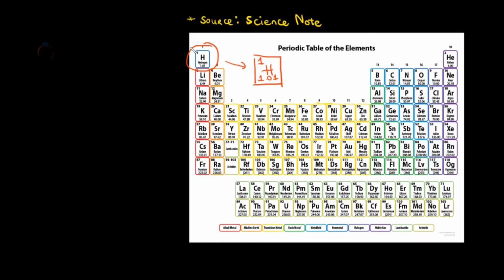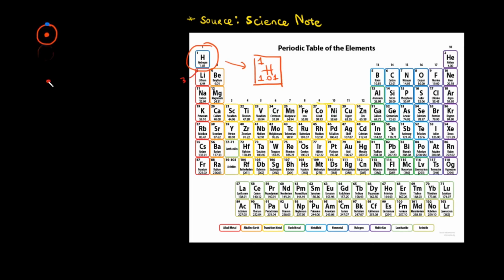Now let's view those elements in terms of atomic structure. For hydrogen, if you draw it, you have a nucleus and the first shell. Since hydrogen has only 1 atomic number, or 1 electron, it has 1 electron in the first shell. How about lithium? Lithium has the atomic number of 3.